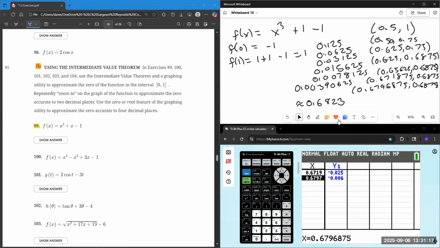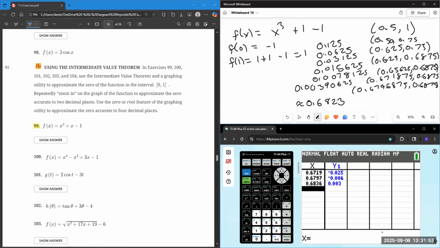So this is 0.6796875 plus 0.00390625, which is a positive number.